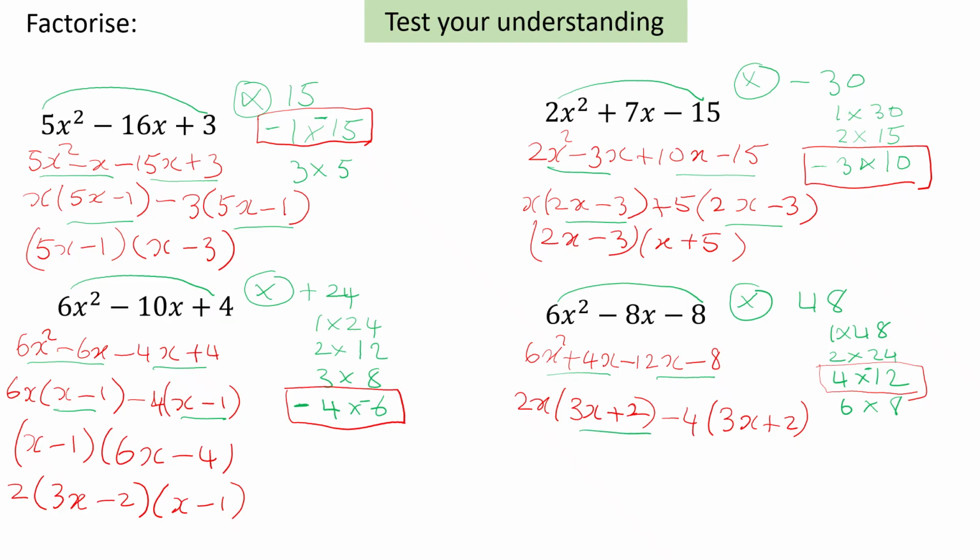Now again factorize. 3x plus 2 is common. So (3x + 2) times (2x - 4).